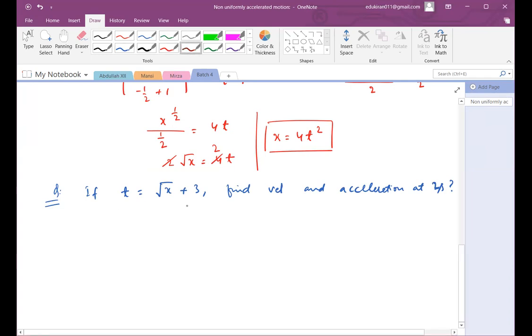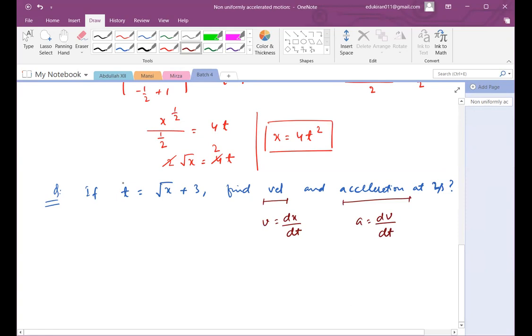First of all, rearrange this expression to keep x on one side and the whole term on the other side. Then for velocity, just differentiate displacement with respect to time. So v would be equal to dx over dt, and for acceleration, it will be dv over dt.